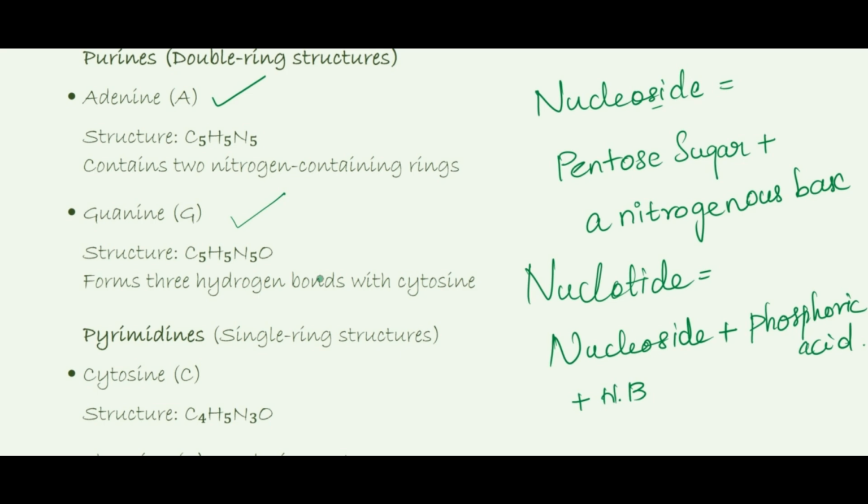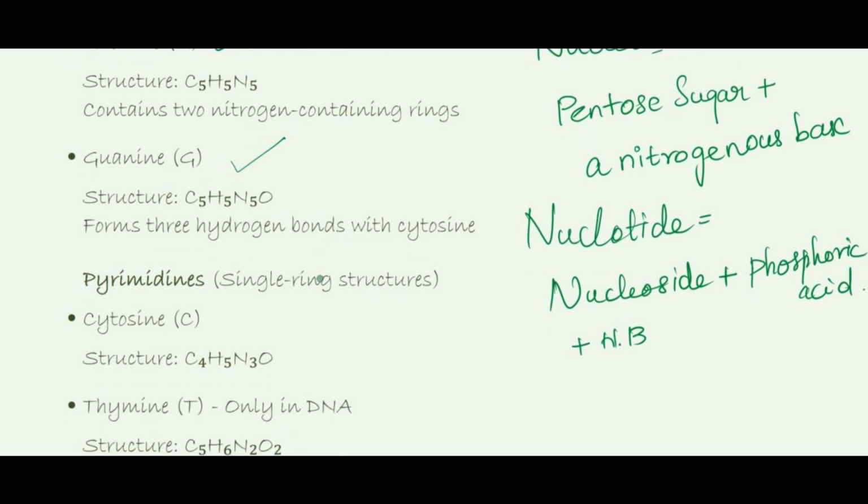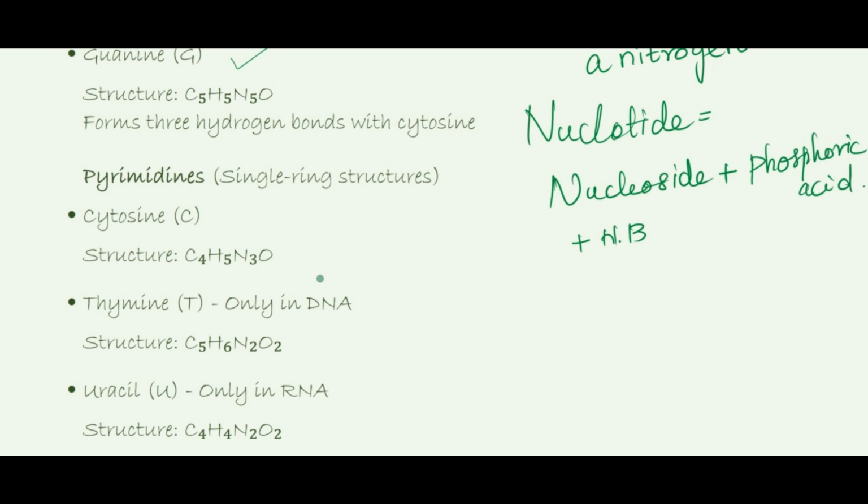So talking about nitrogenous base, I told you there are two categories, pyrimidine base and purine base. Purine bases have adenine and guanine. Similarly, pyrimidines have cytosine, thymine and uracil. You have to memorize this. You can remember it like pyrimidines CUT: cytosine, uracil and thymine.